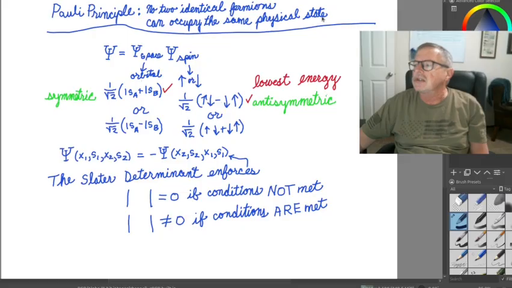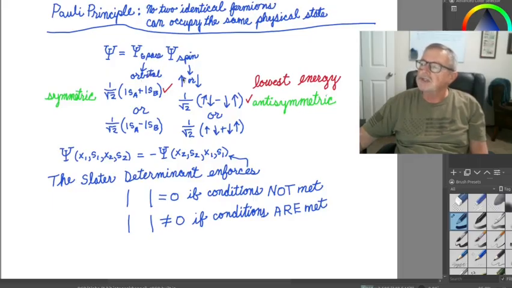What is state? Does that mean the two can fit in the orbital or not? Well, here's the state. It's broken up into space and spin. The space is an orbital, and the spin, if you remember, is up or down.